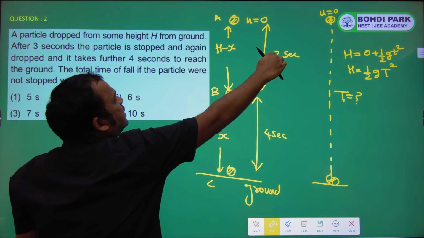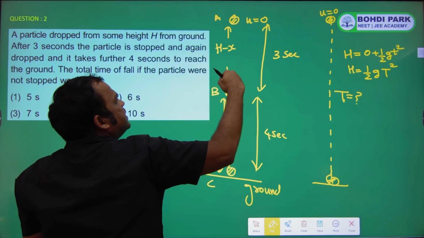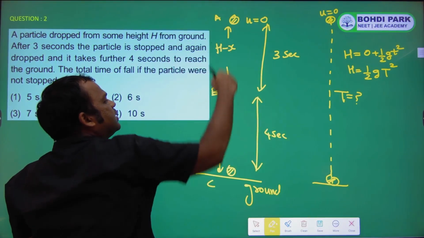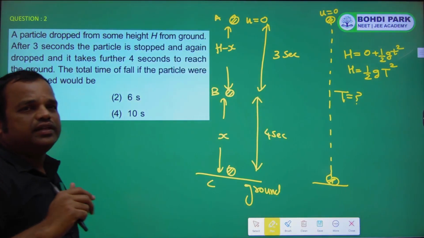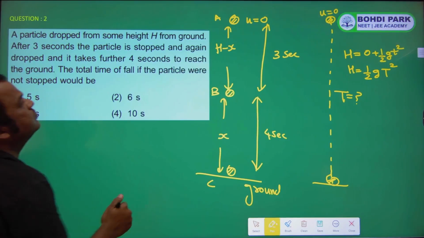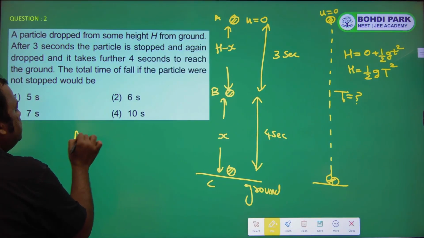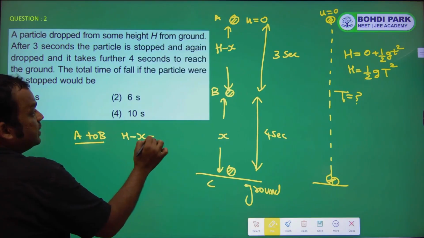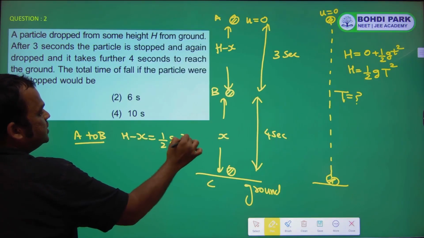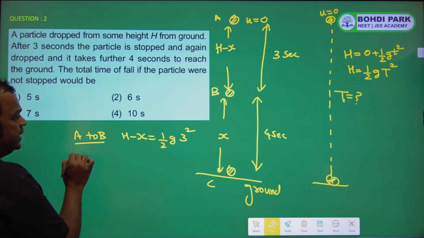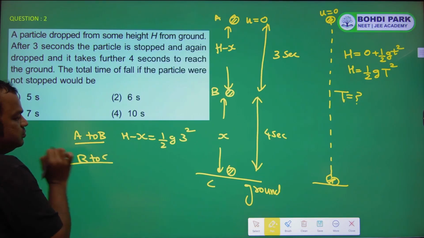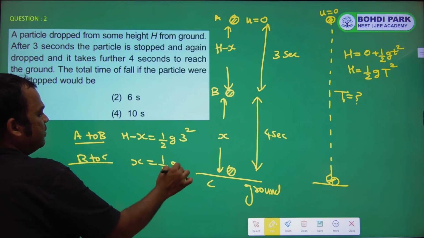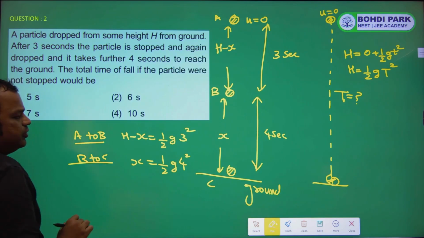So in 3 seconds it is falling h minus x, and in 4 seconds it is falling x. In both the cases the initial velocity is 0. So A to B we can write h minus x is equal to half g into 3 square, and B to C we can write x is equal to half g into 4 square.